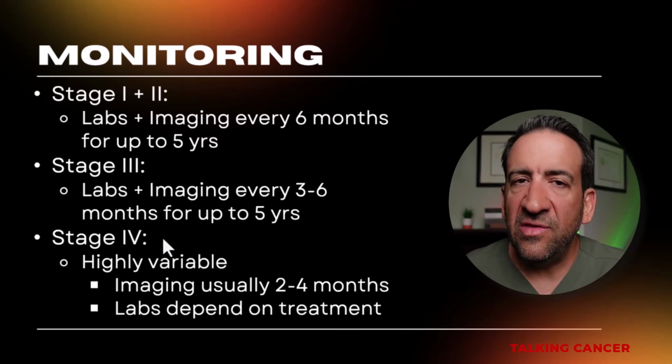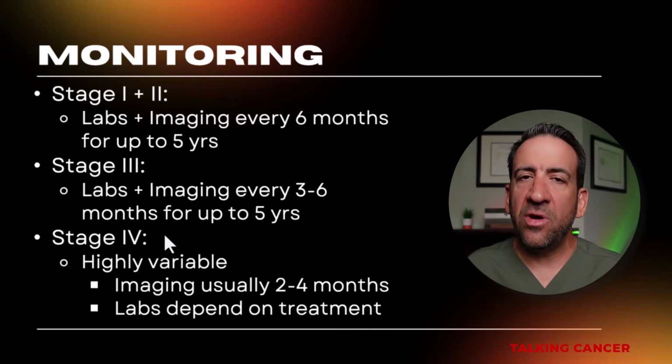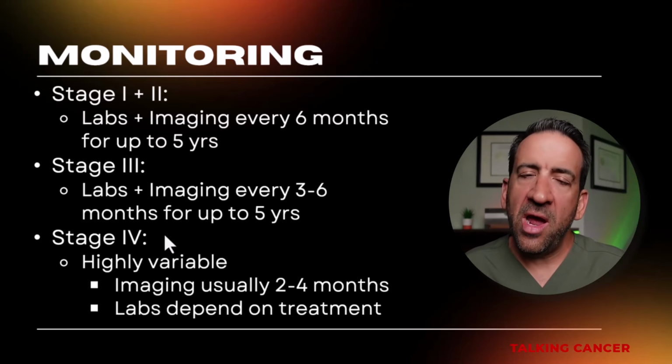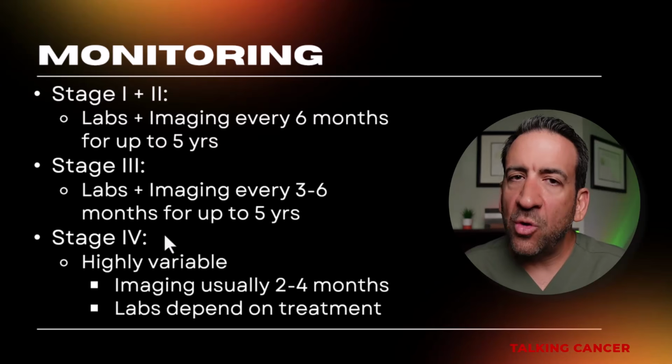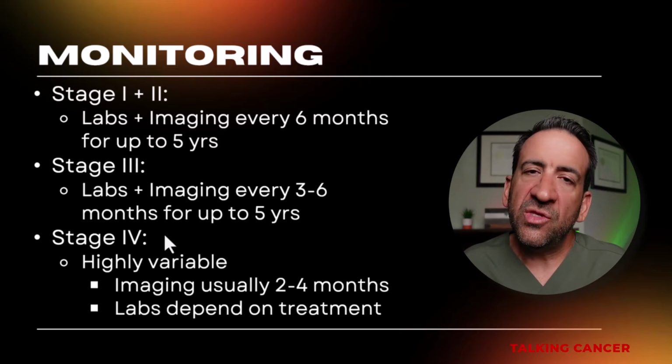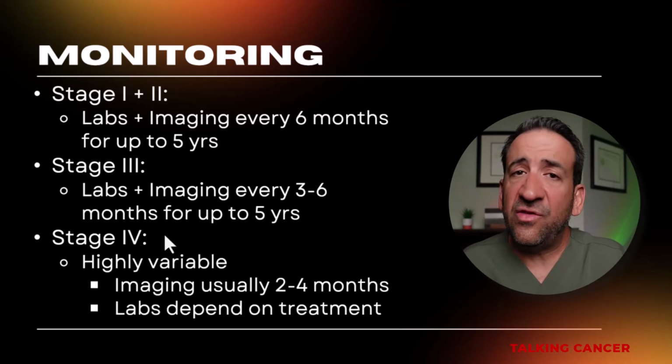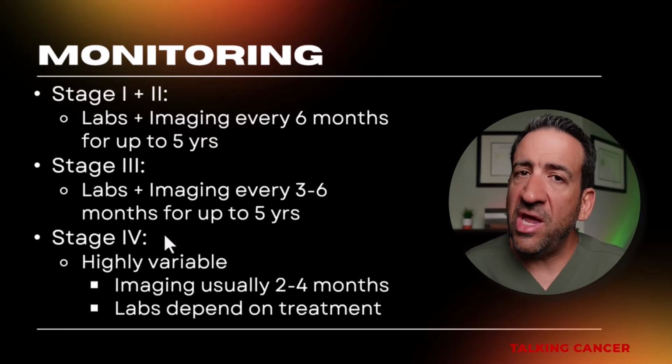Stage 4 disease is different, because think about it. In stage 4 disease, you have incurable disease. We're giving you treatment. We're trying to keep that disease from growing. We're trying to shrink it up. So every so often, we have to perform a CT scan or an MRI scan to see if the disease is shrinking or is it growing. Because if it's growing, obviously we have to change treatment.